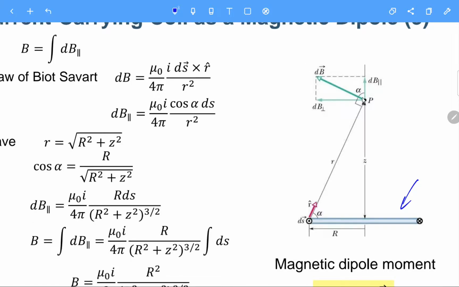Okay, so this is dB, and then we can actually decompose it along the z-axis, and then also along the xy plane. So dB parallel is the component parallel to the z-axis, and dB perpendicular is the component perpendicular to the z-axis.